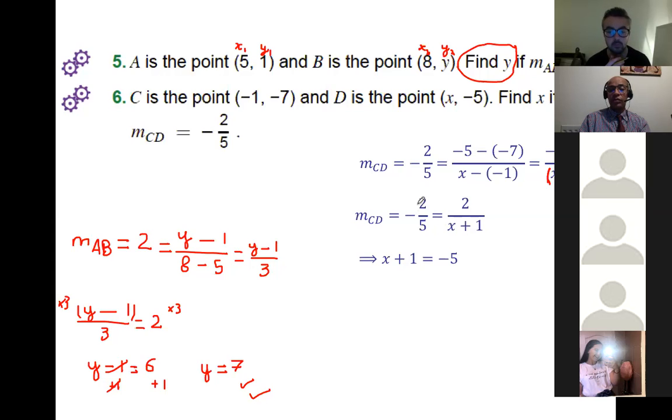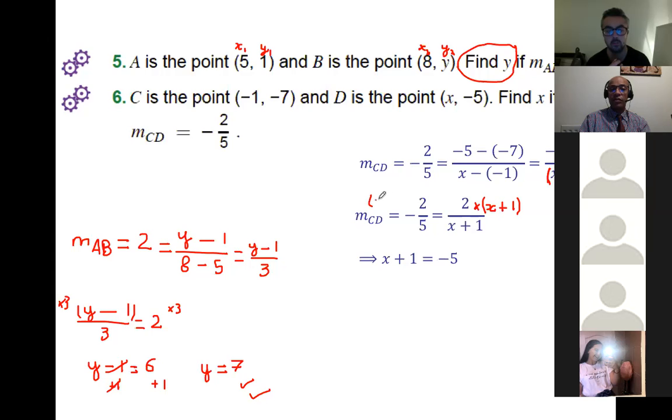Okay, so that's one way of doing it. So you end up with x plus 1 here. So 2 times x plus 1, that would become 2 times 1. And here I get 2 times x plus 1 divided by 5. Okay?